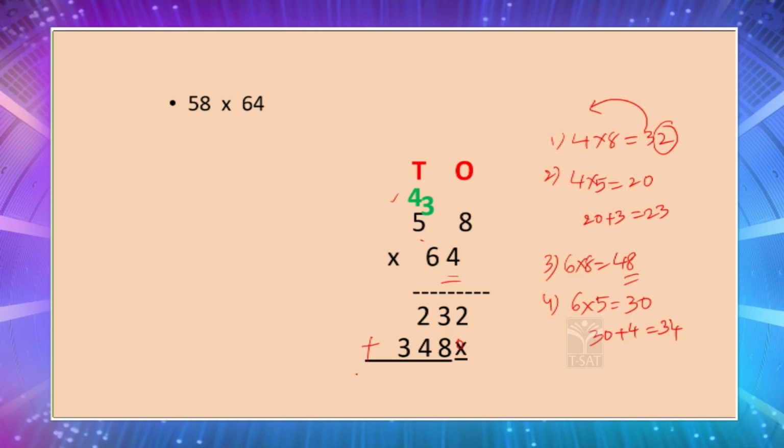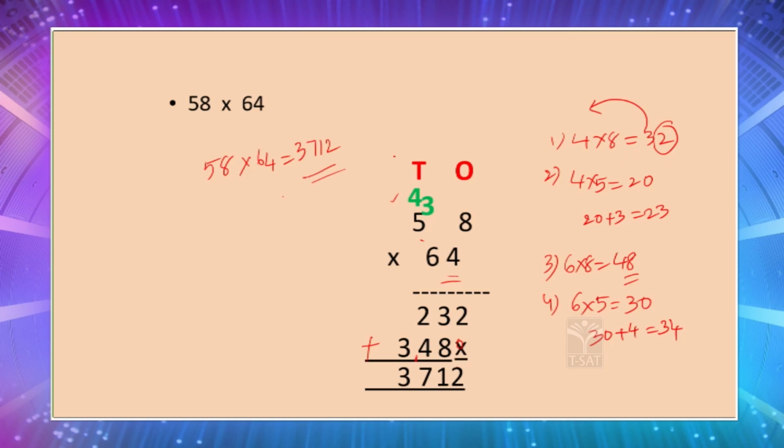Then next you add this, 2 plus 0 is 2, 8 plus 3 is 11, carry forward 1, and 1 plus 4 is 5, plus 2 is 7, and this is 3. So 58 into 64 is equal to 3712. This is the resultant we got.